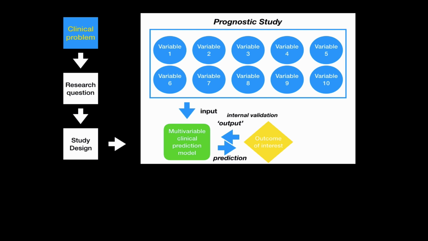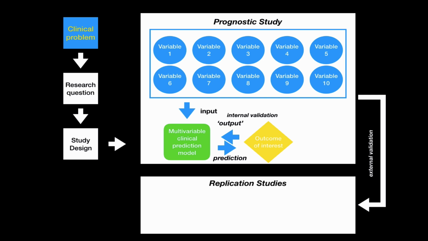What we know from experience is that the prediction model tends to fit too well onto the data, and it is said to be overfitted. Therefore we need some kind of correction, which we call the internal validation. But eventually we need to externally validate the model to see if it also performs well in other cohorts.